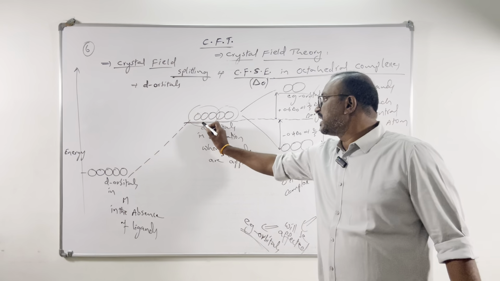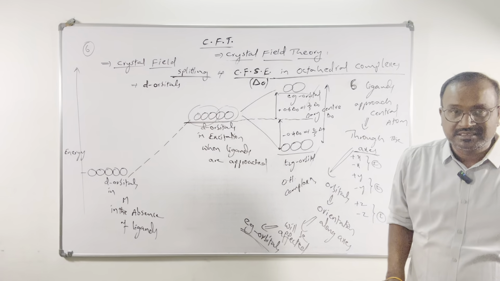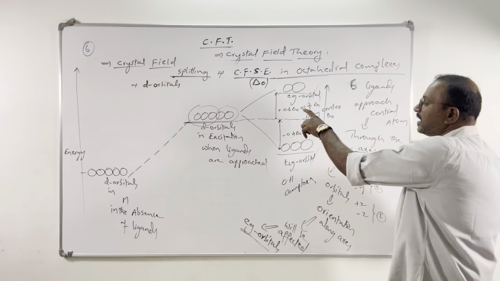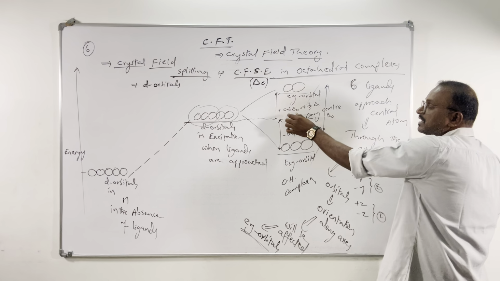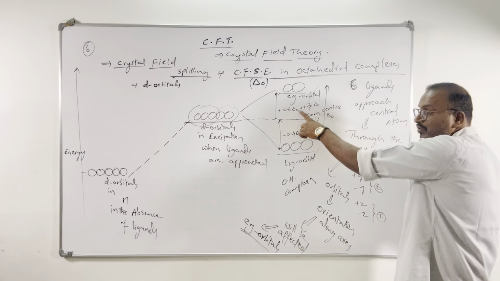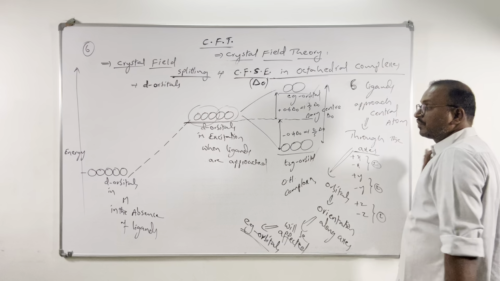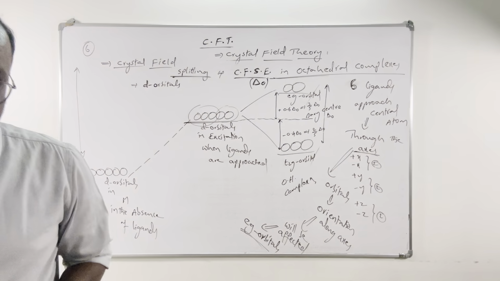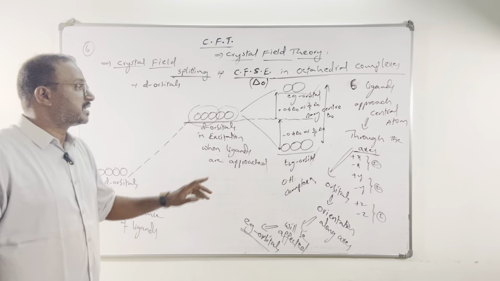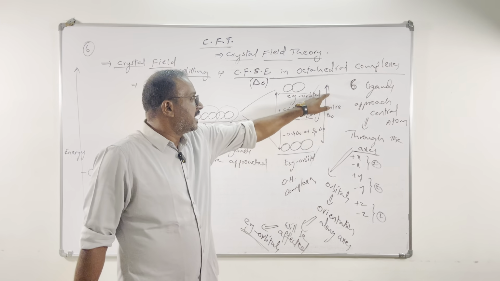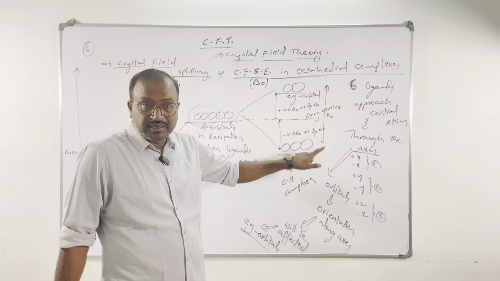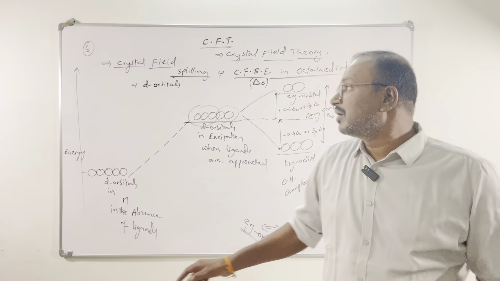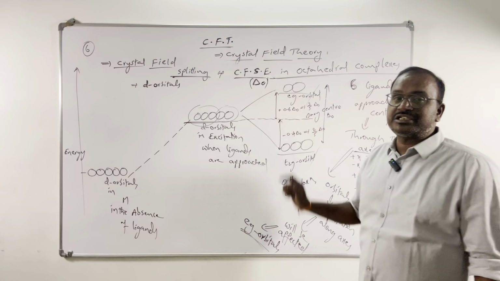This barycenter means the energy of d orbitals in the excited state. So the energy of Eg orbitals is 0.6 delta O more, and for T2g orbitals it is 0.4 delta O less. The energy difference between Eg and T2g is called crystal field stabilization energy.